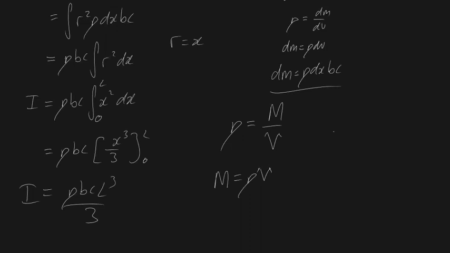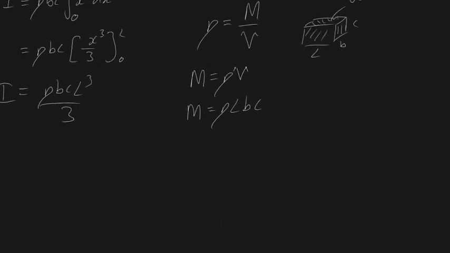But we know that our total volume is, and let me draw it over here, well, this is L, this is B, this is C. Our total volume is just going to be equal to LBC, right? So that means we can write our total mass is equal to our density times LBC.